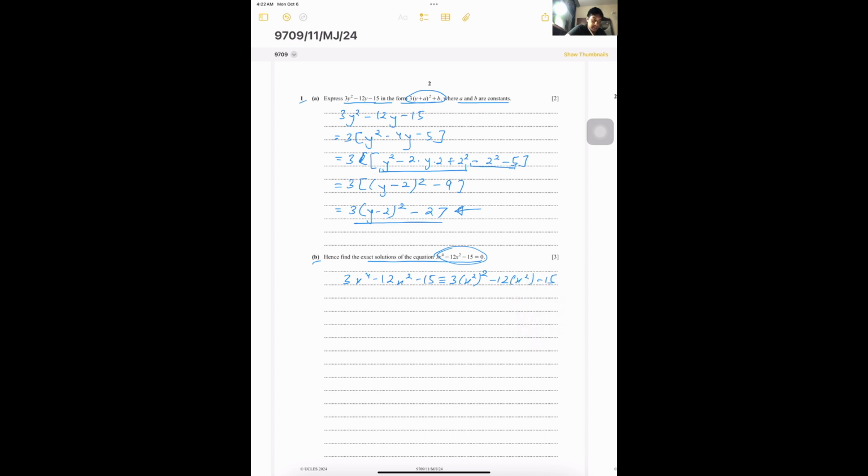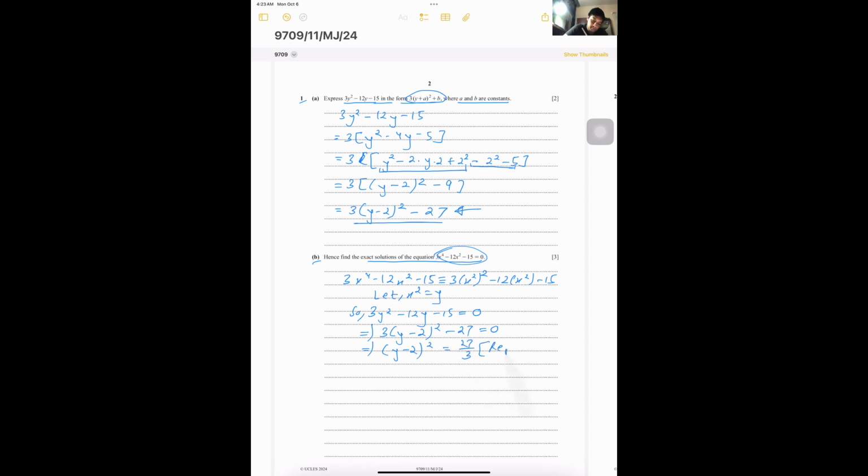Then we'll write let x squared equal to y. So this would become 3y squared minus 12y minus 15 equal to 0. And we also know that this is equivalent to 3 times y minus 2 whole squared minus 27 equal to 0, which is y minus 2 whole squared equal to 27 by 3.